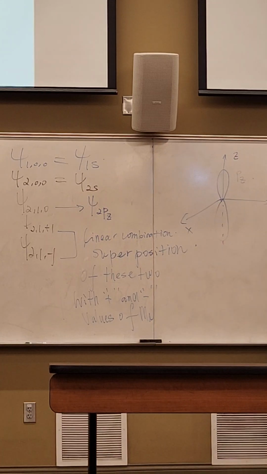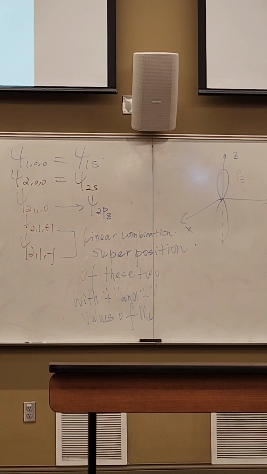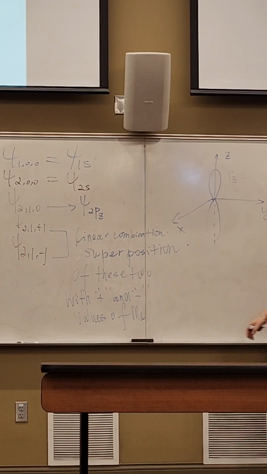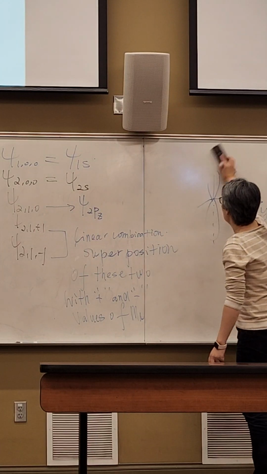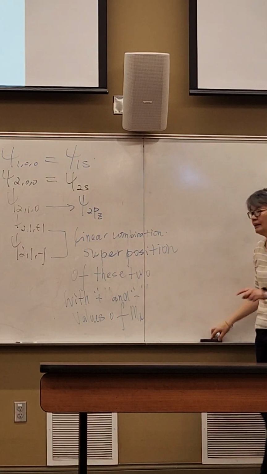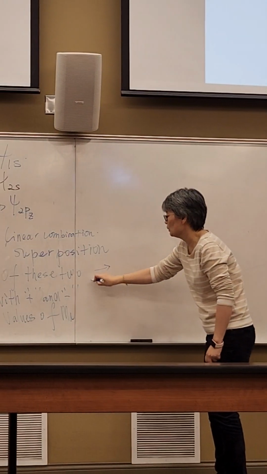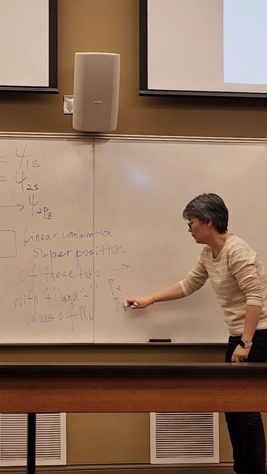They're exactly the same in magnitude for the m sub l, except the m sub l only varies by the sign. One is positive, the other one is negative, right? That will give you, so it's not a direct correlation to px and py. This will give you px and py.